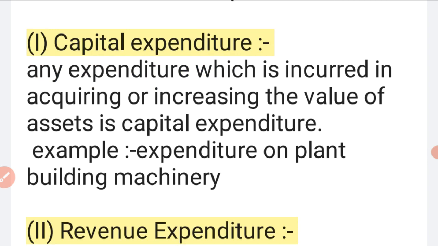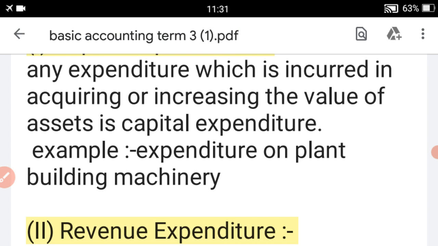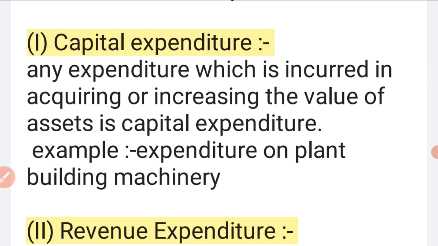Assets may be land, building, machinery that you have purchased, but you are going to expense. Those types of expense are very necessary for the enhancement of the life of that type of the assets.